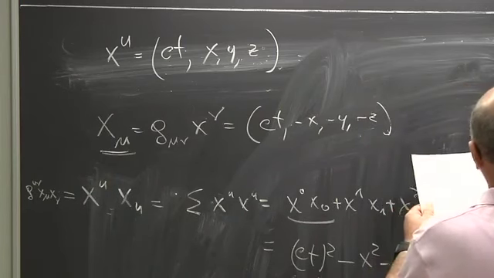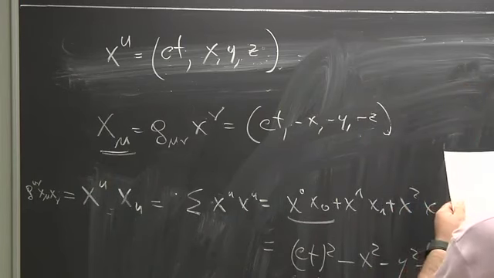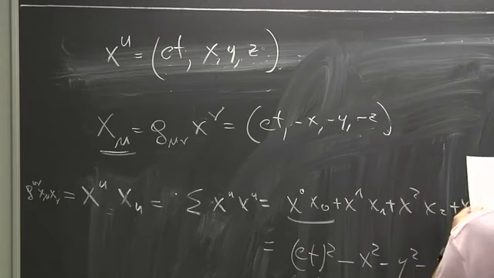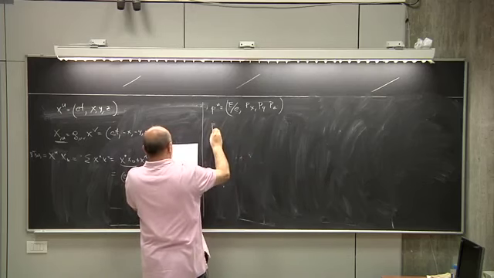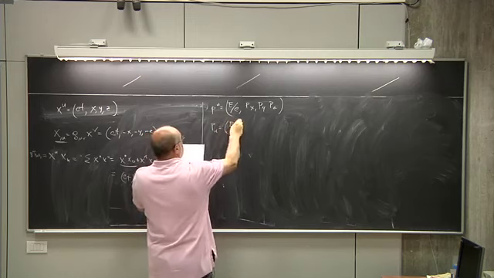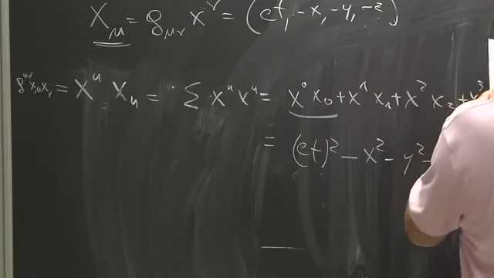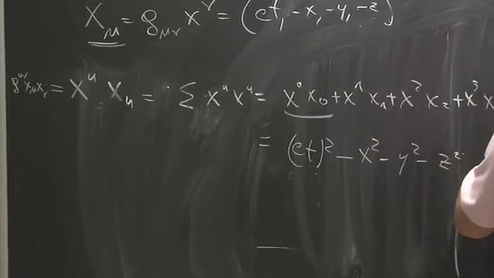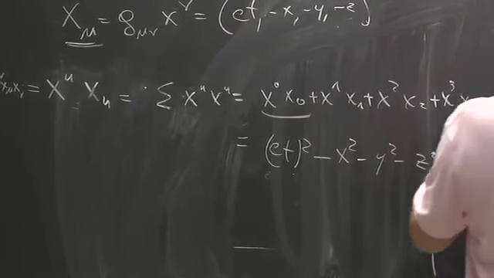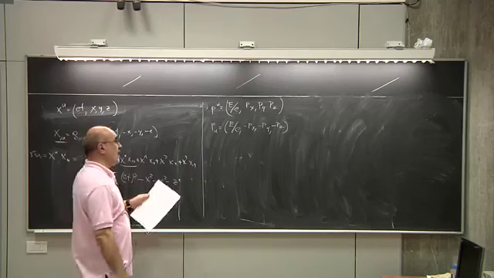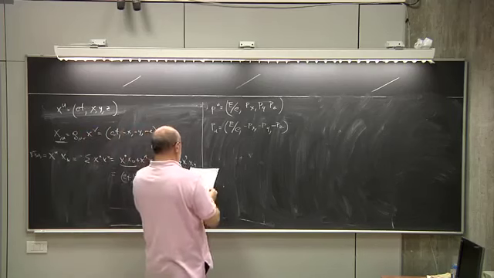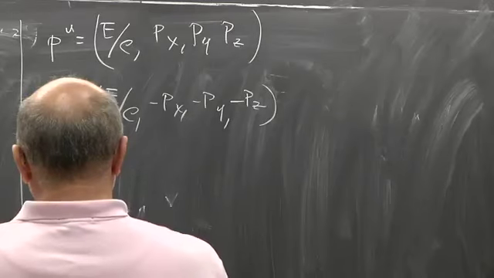P mu is E over C, Px, Py, Pz, in our convention, the contravariant one. The covariant one instead is E over C, minus Px, minus Py, minus Pz. So the 4-vectors that have 3 minus 1 are the covariant ones in the notation we have written.